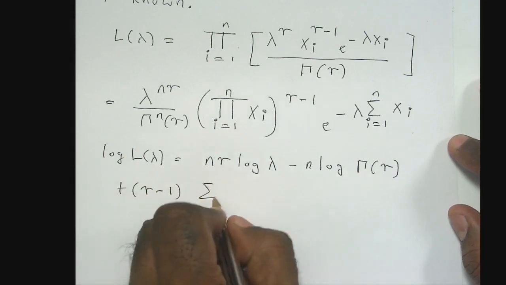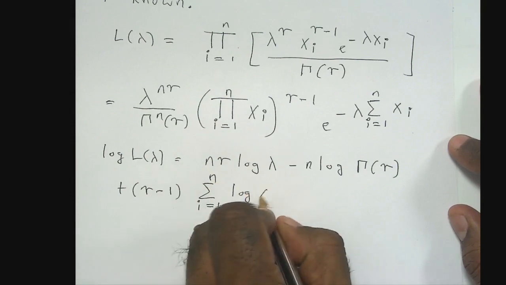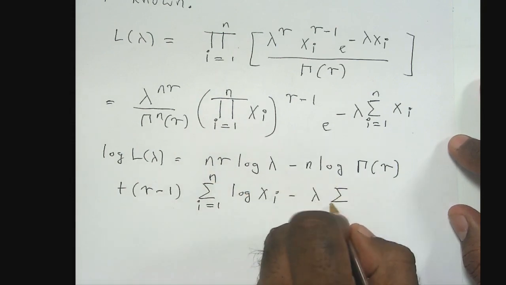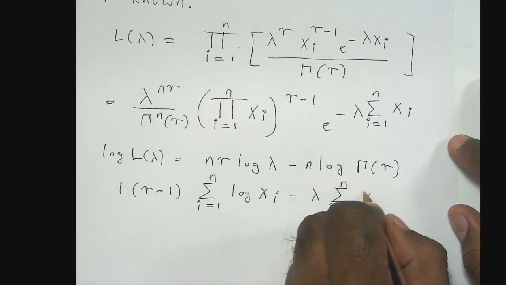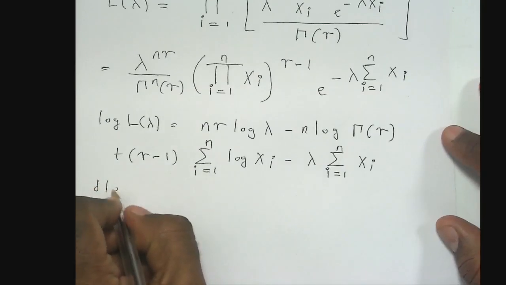I'm sure you know the procedure pretty well by now, the procedure for finding the MLE in the scalar case, right? And then take the derivative with respect to the only parameter, that is lambda.